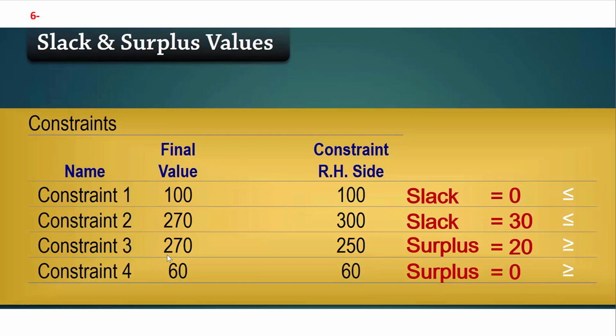Third constraint, the final value is 270 and the right hand side is 250, so the difference represents a surplus of 20. The last constraint 4, the final value is 60 and the right hand side is 60, so the surplus is equal to 0. There is no surplus.